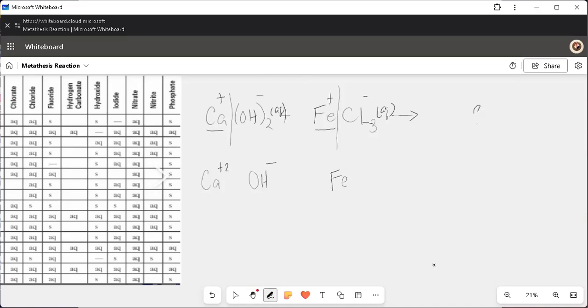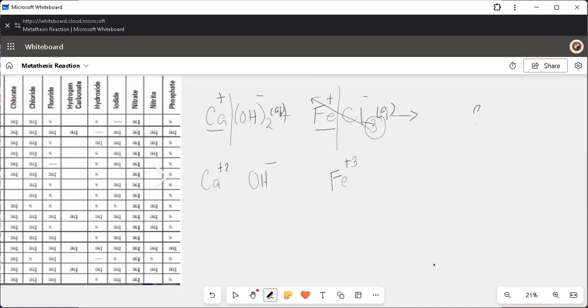Iron here is a metal with multiple charges. So again, what will be the charge that you are going to consider? In the subscript, it has there 3. So just bring back the 3 to the ion. So it will be +3.